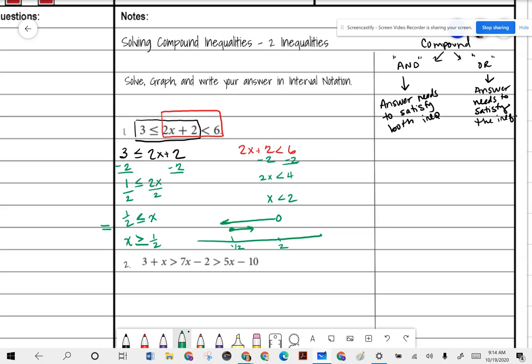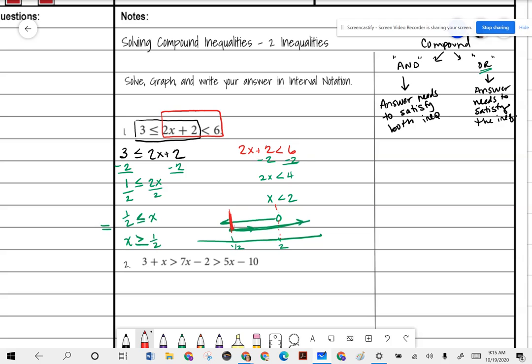So remember that when you have a compound inequality, you have to figure out if you have an and or an or. And what's really nice about this is, if it's an or, it's going to tell you it's an or. So this would be an and type of statement, and the answer needs to satisfy both inequalities. So the question is, where is the overlap? And you should be able to see that there's overlap from here and here.